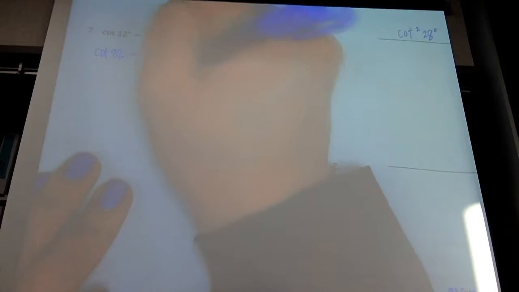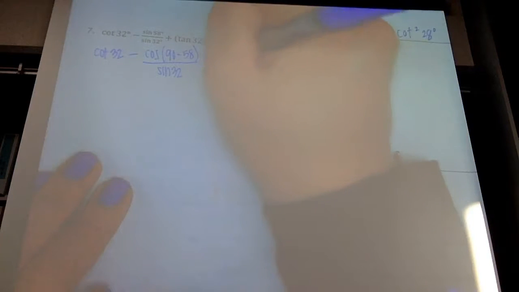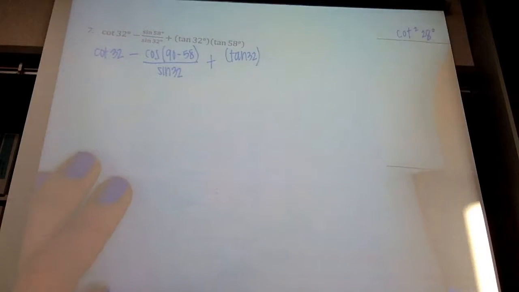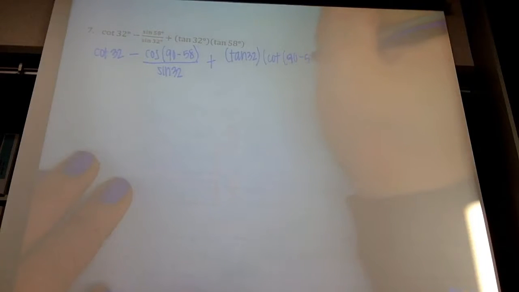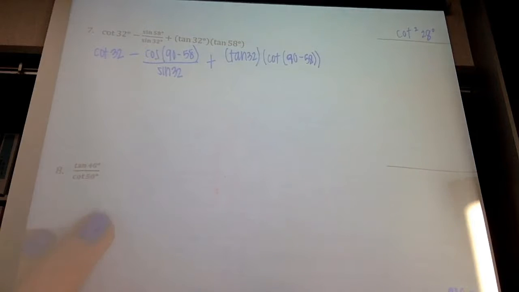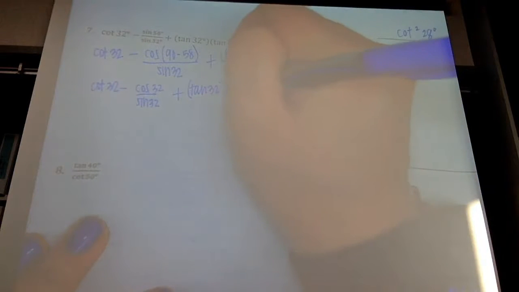Sine of 32 is going to stay the same, plus, and tangent 32 is going to stay the same, but tangent 58, we're going to use our complementary angles theorem, so tangent goes to cotangent, and cotangent of 90 minus 58. Okay, so I'm just going to kind of rewrite that simplified. And really the whole goal of that is we want to get it so we have the same angle measure throughout. And that's going to help us to simplify.